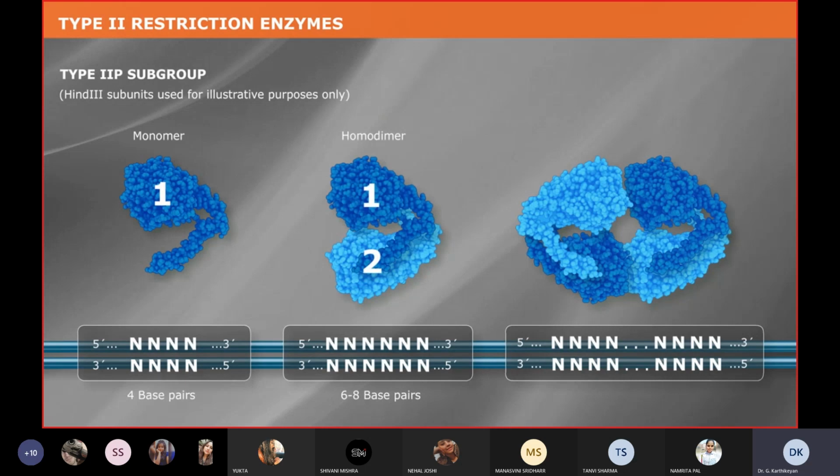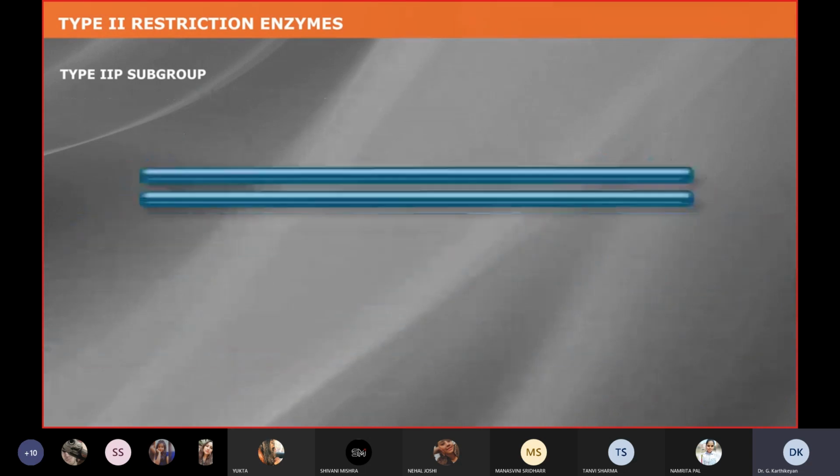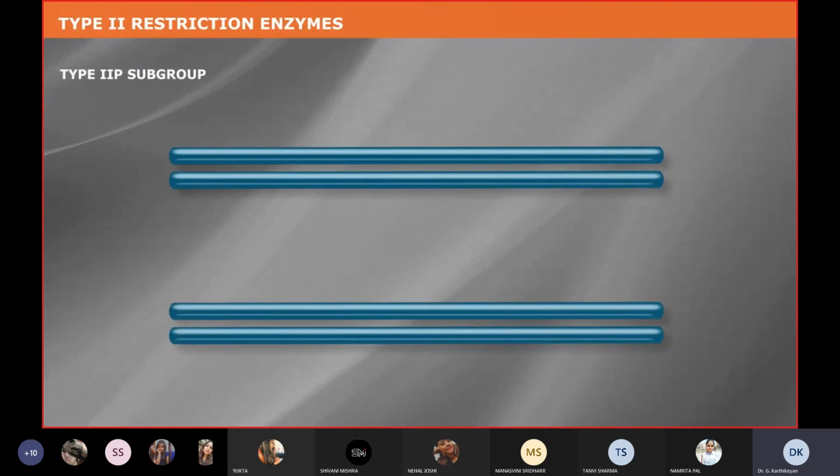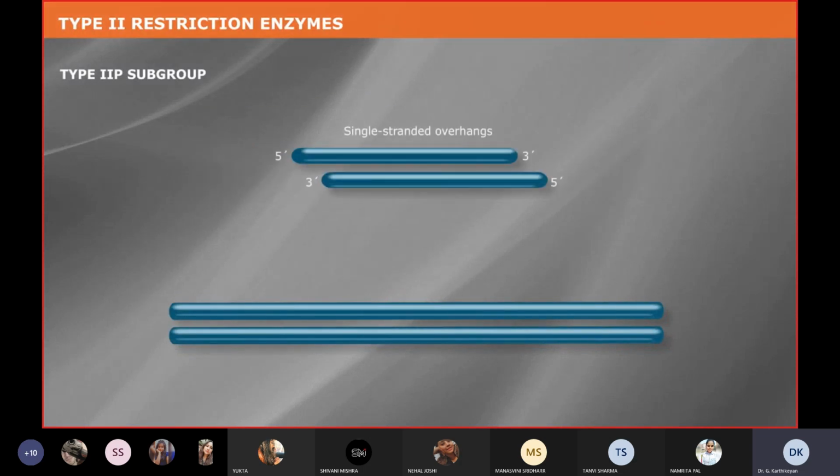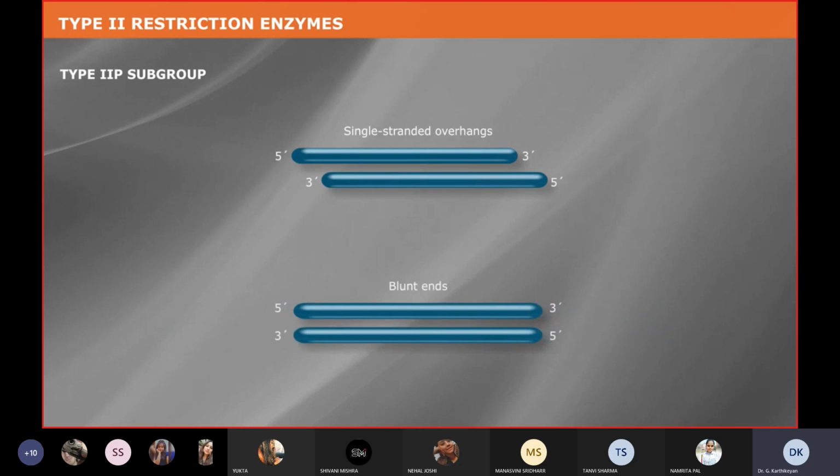Still other type 2P enzymes act as dimers of dimers, or homotetramers. These latter bind to and cleave 2 or more recognition sequences at once. Upon cleavage, some type 2P enzymes leave single-stranded overhangs, while others leave blunt ends.